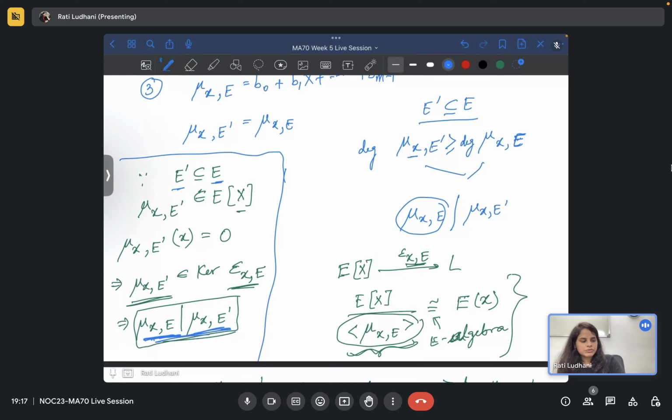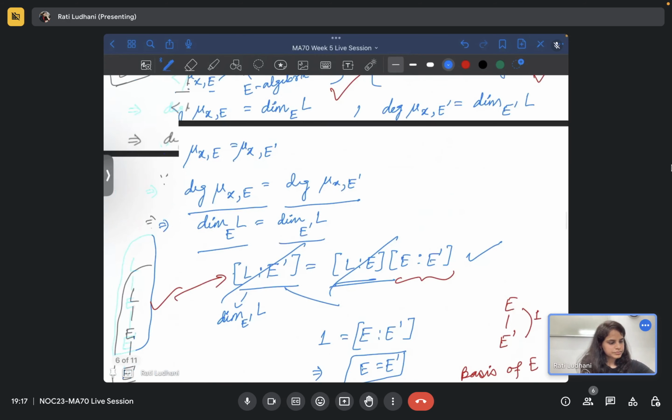So this condition we are saying. So in what we have, E is contained in L. So you understood. E and E' could be any subfields. So this is a general thing. We have not used anything else here. Okay, so what does this say?